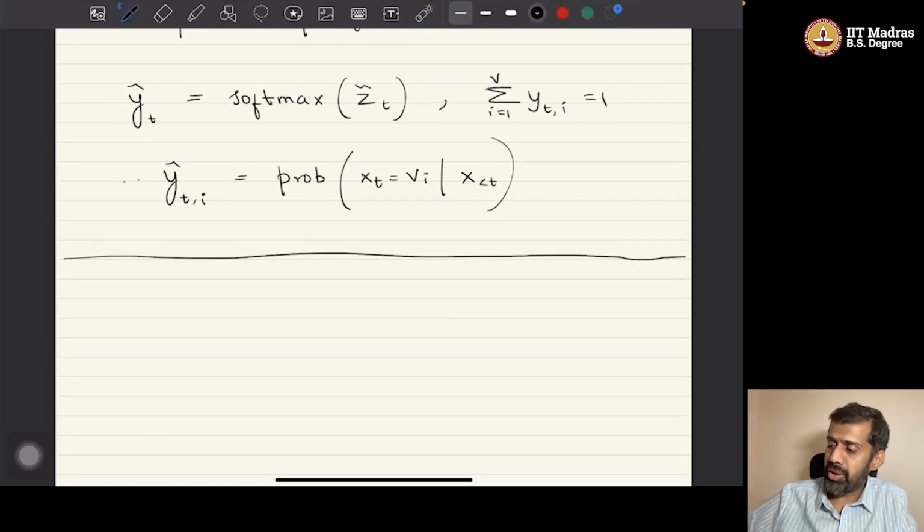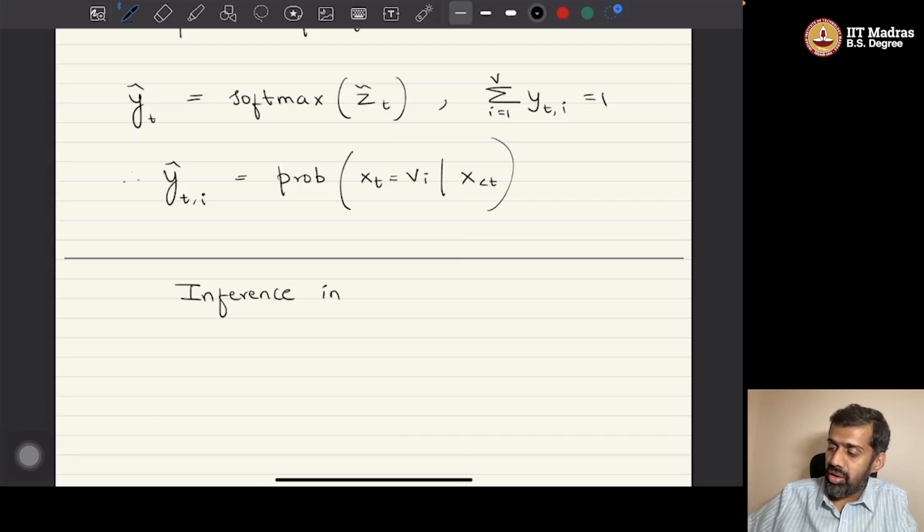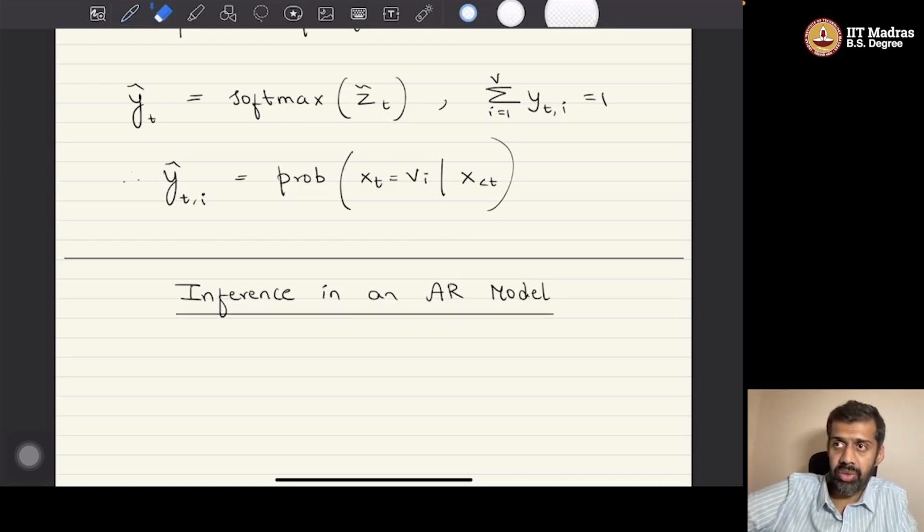So one last piece of the puzzle is how does one accomplish inference in an autoregressive model? So inference in any autoregressive model, let us look at how to do that. Now again, one can envisage multiple ways of accomplishing the inference.